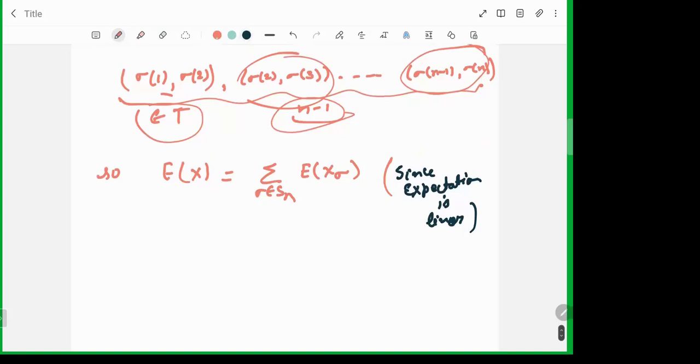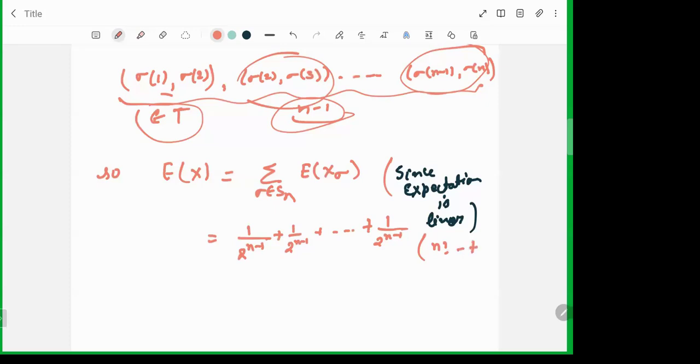So what is the expectation of x sigma? It is 1 over 2 to the power n minus 1, plus 1 over 2 to the power n minus 1, plus and so on, plus 1 over 2 to the power n minus 1. How many times?